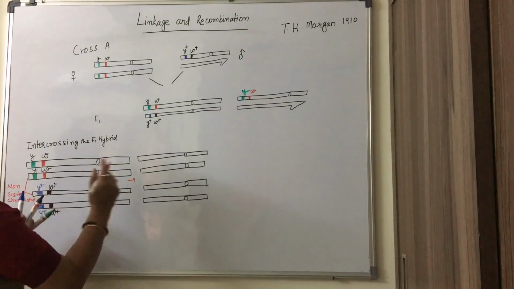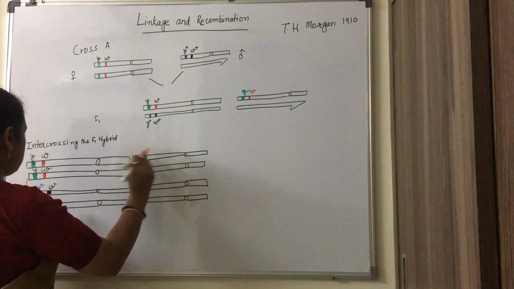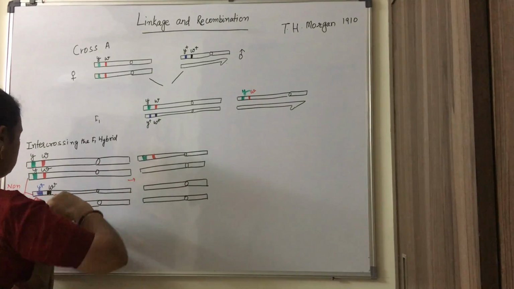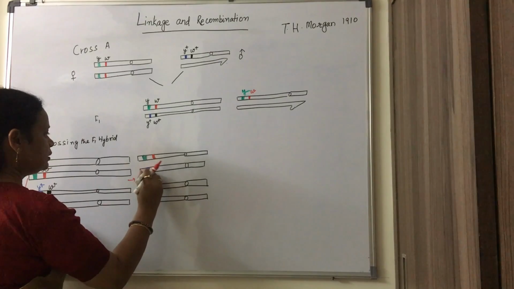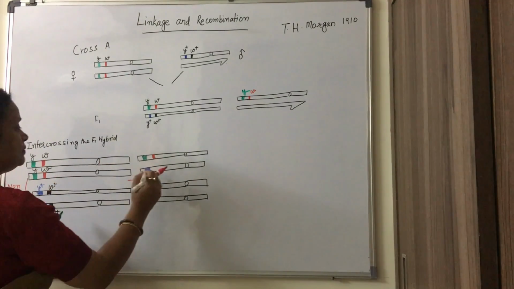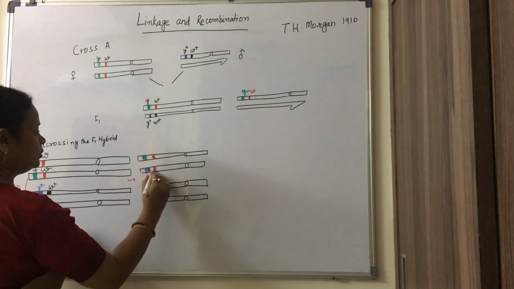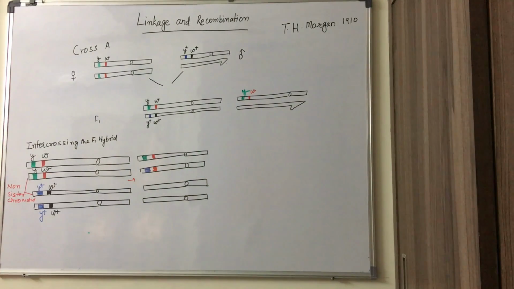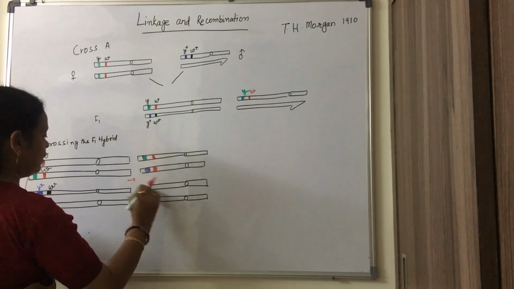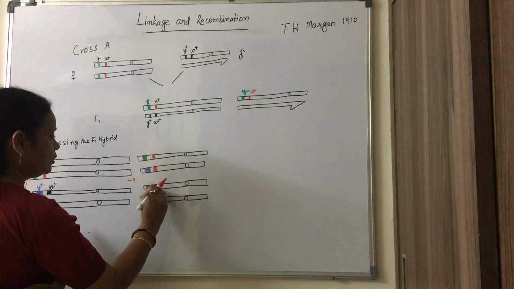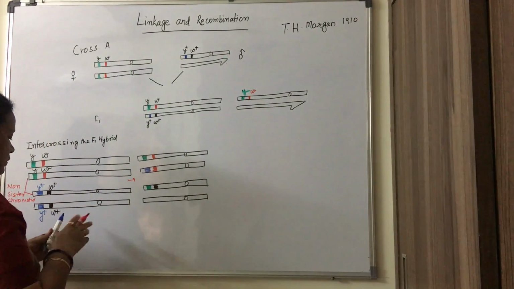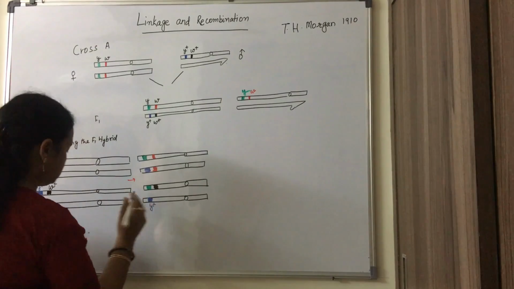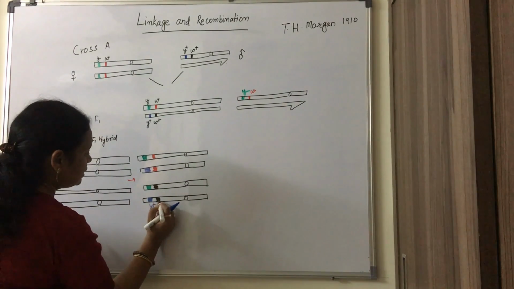So what is the pattern now? This has Y, this has W, this has Y plus, and this has W, this has Y, this has W plus, this is Y plus, this is W plus.